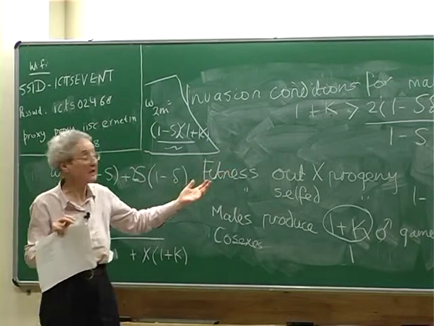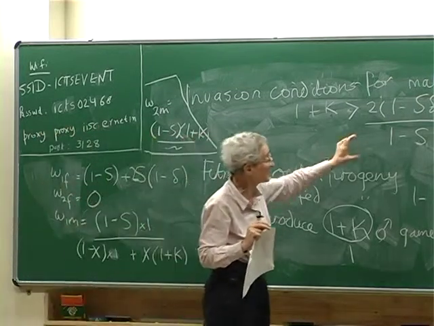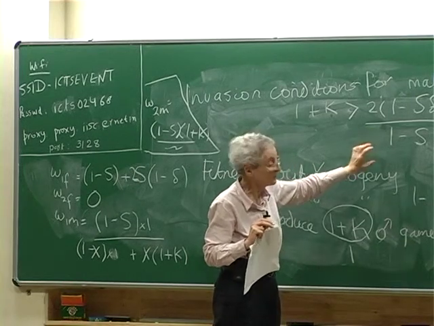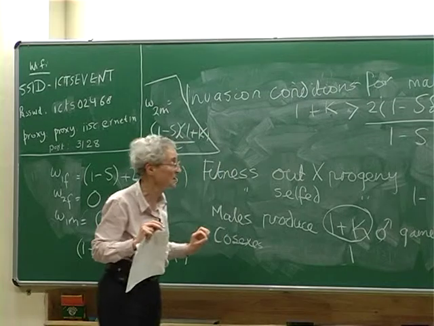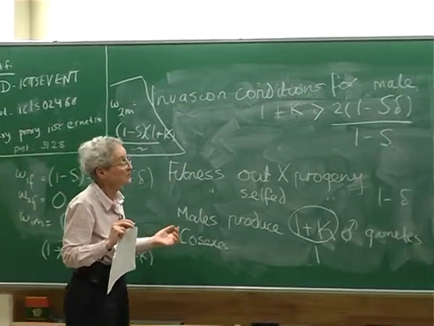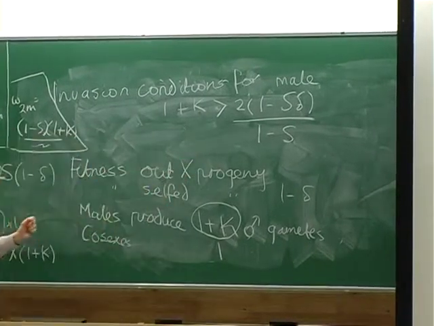And I mentioned in the lecture that males are dependent on female gametes for their fertility and for their reproductive fitness. And so it's a more complicated kind of fitness than we're used to thinking about.